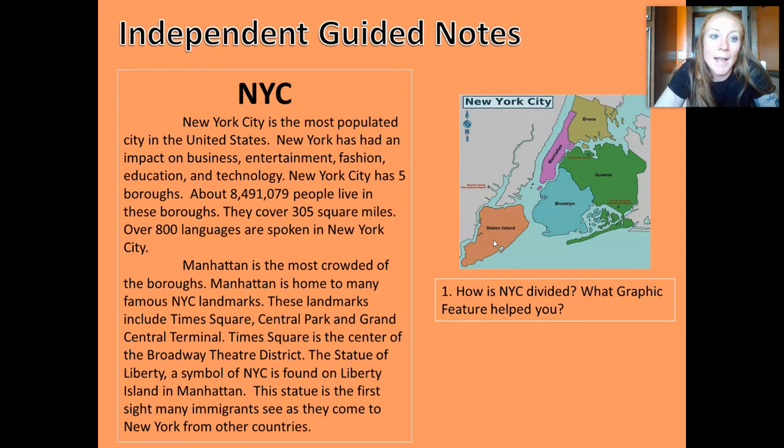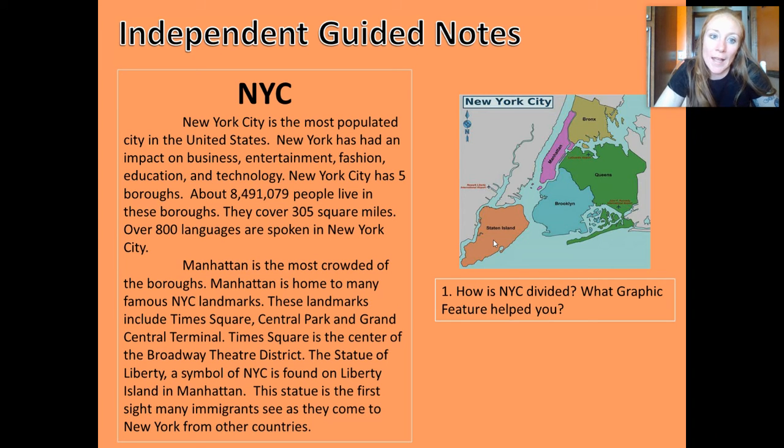New York has had an impact on business, entertainment, fashion, education, and technology. New York City has 5 boroughs. About 8,491,079 people live in these boroughs. They cover 305 square miles.